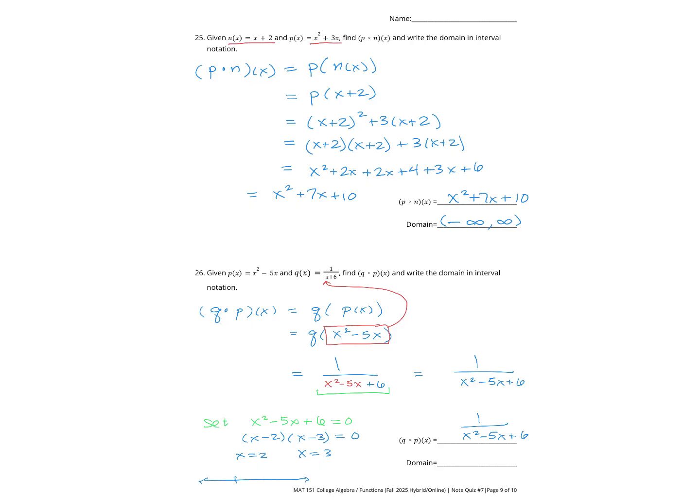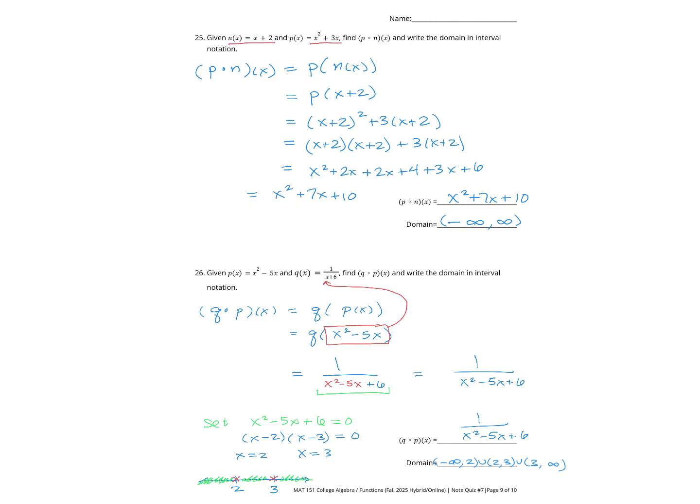So we don't want 2 and we don't want 3. Those are both bad numbers that we're trying to avoid. So our domain is going to be everything else except for those two bad numbers. It's going to be from negative infinity up to 2, union 2 to 3, union 3 to infinity. Again, it's the whole number line, but now two numbers punched out of it.